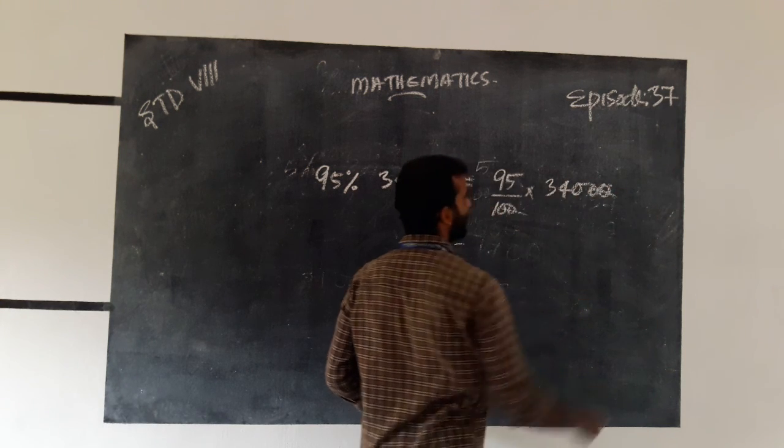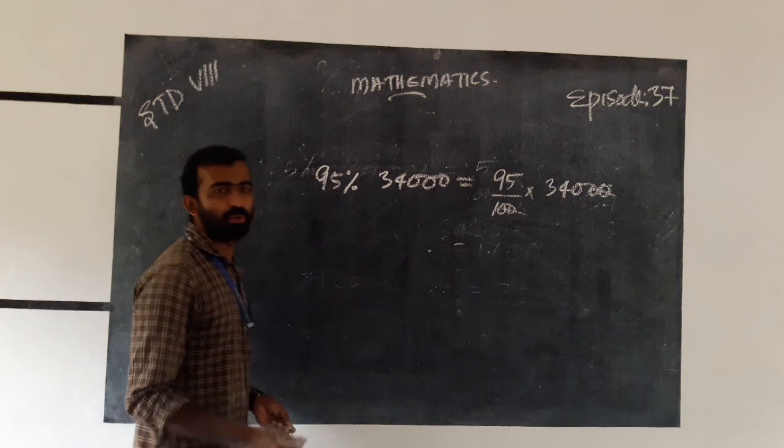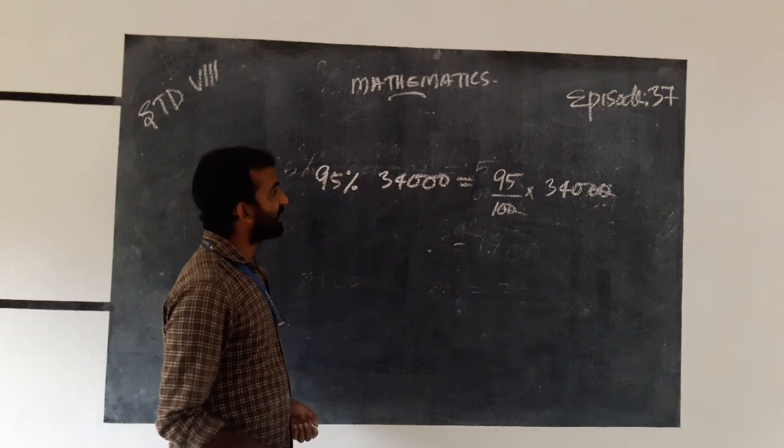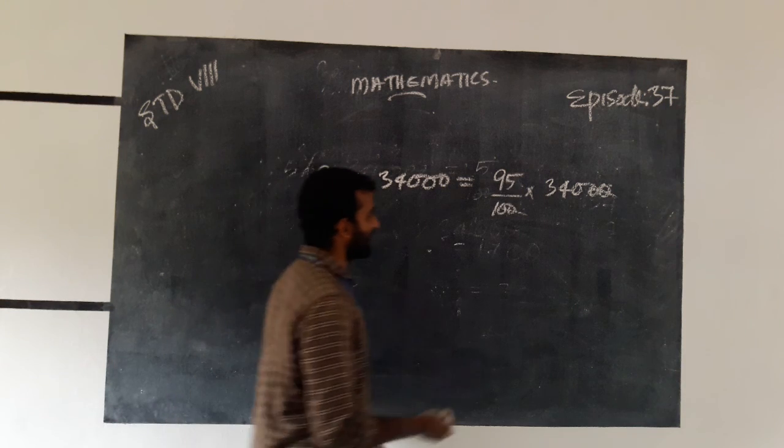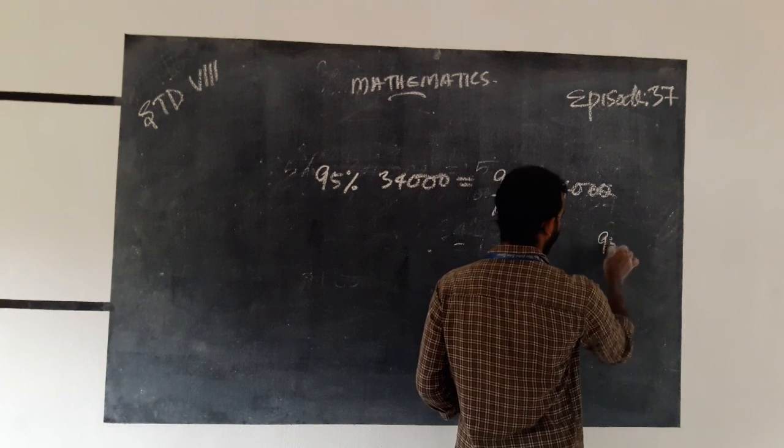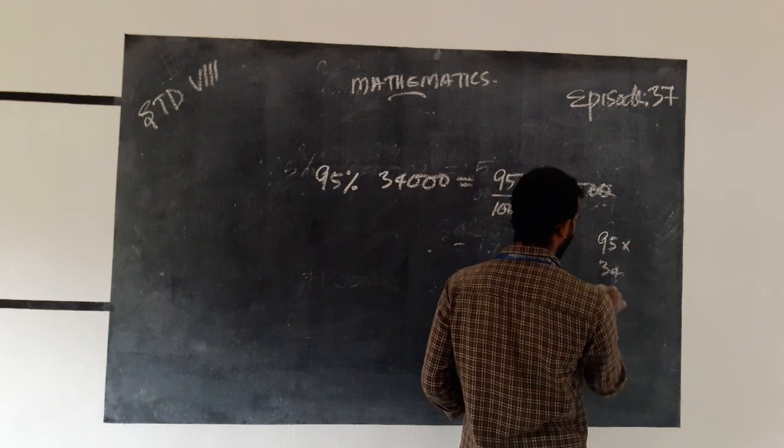We cancel this, that is 95 into 340, that is 95 into 34.